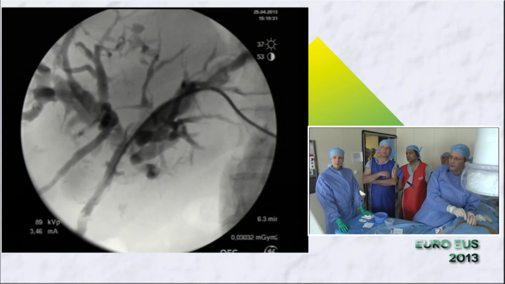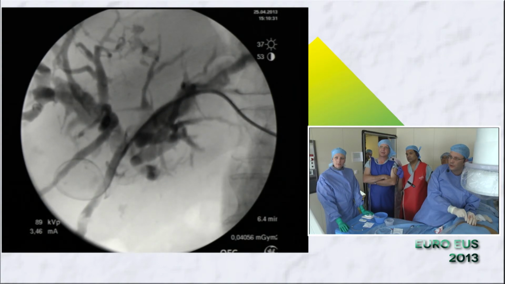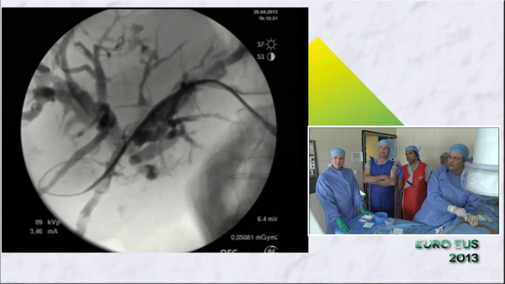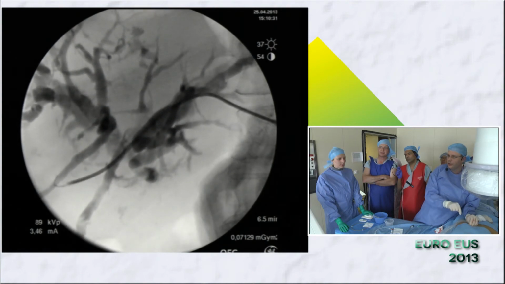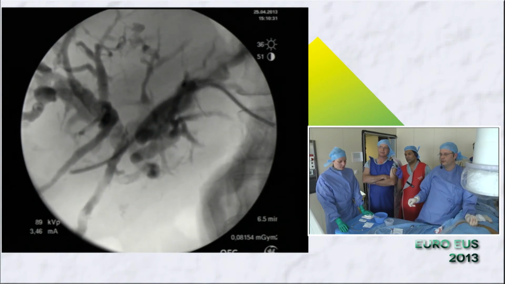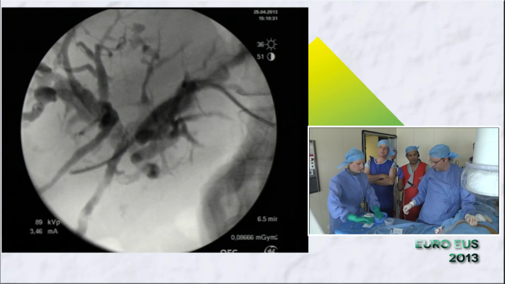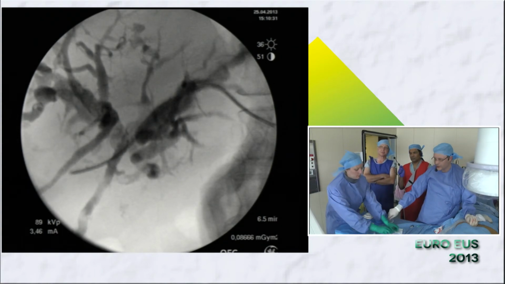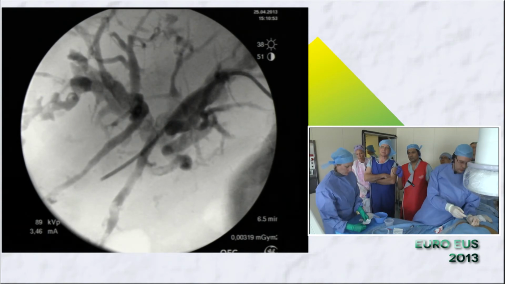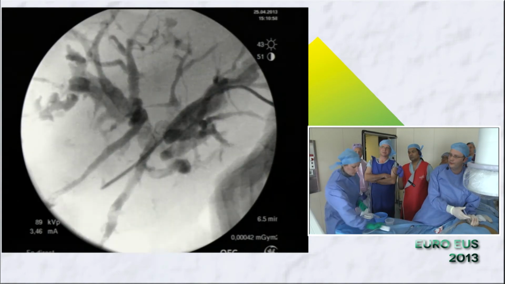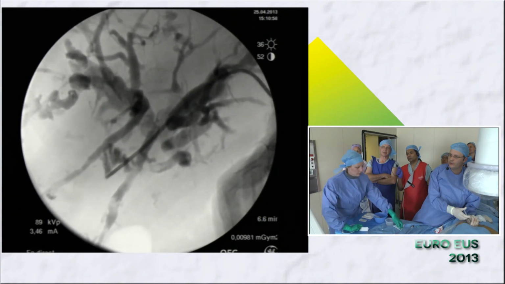Yes, I'm lucky, because I believe I'm inside, but I completely agree. It is also my strategy in case of failure to pass the stricture. If you have a huge biliary duct, place external drainage and come back 3 days or 1 week later to try again. Very often it's easier at the second attempt.